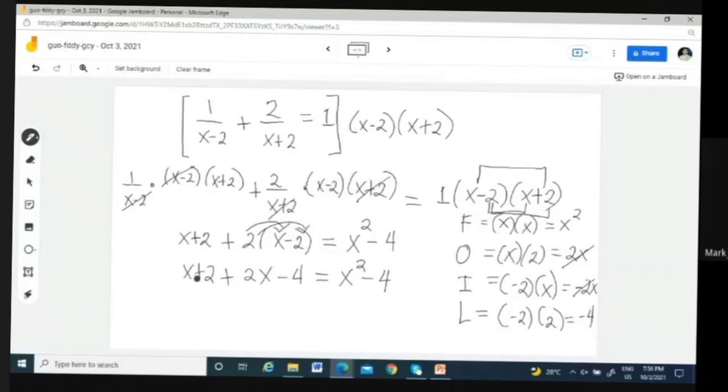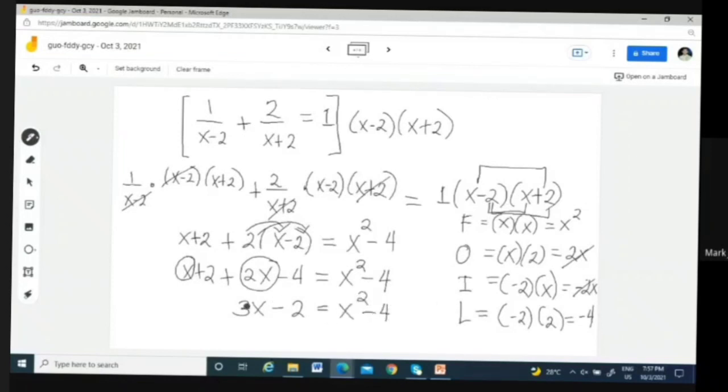We have here x and 2x. x plus 2x is equal to 3x. 2 times negative 4 is equal to negative 2. 4 minus 2 is equal to 2. Negative, because 4 is bigger than 2, is equal to x squared minus 4.